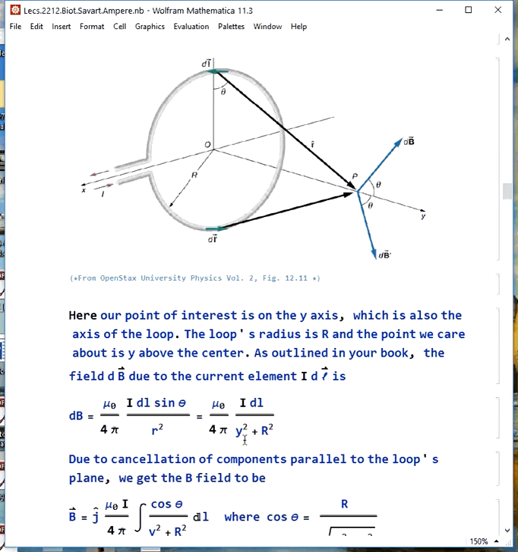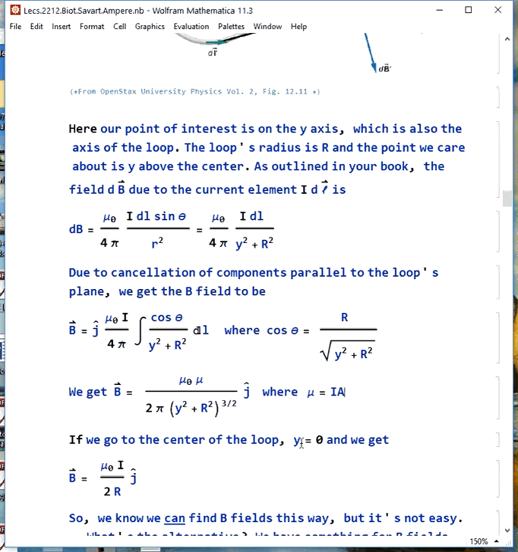We can again find cosine theta as R divided by the square root of y squared plus R squared. We get mu naught times mu over 2 pi times y squared plus R squared to the 3/2. This is in the y direction, or the j hat direction. Mu that we've defined here is I times A. That's a magnetic dipole moment, remember.